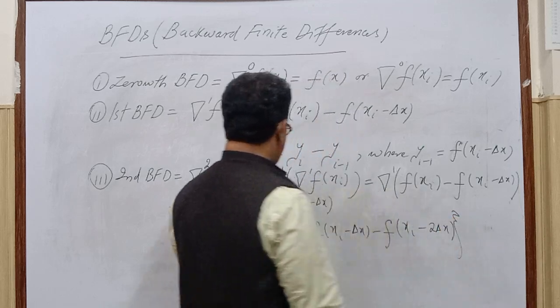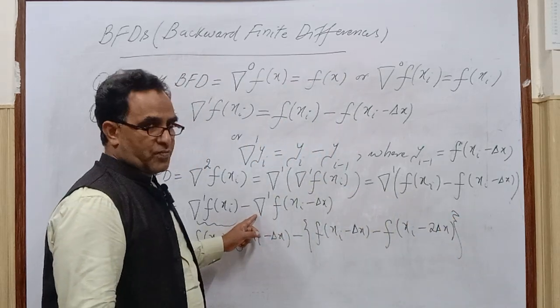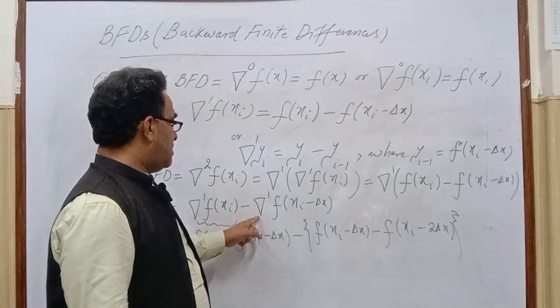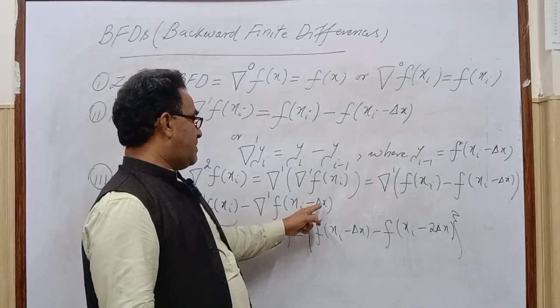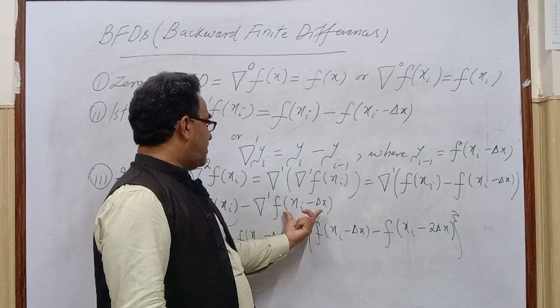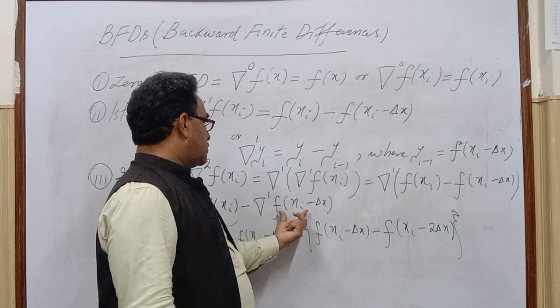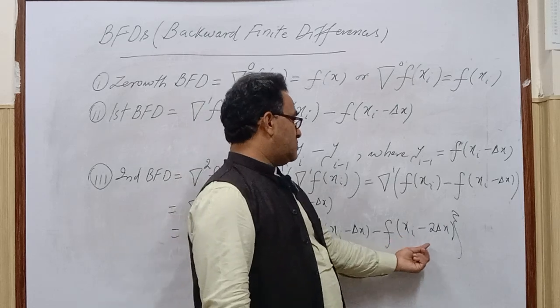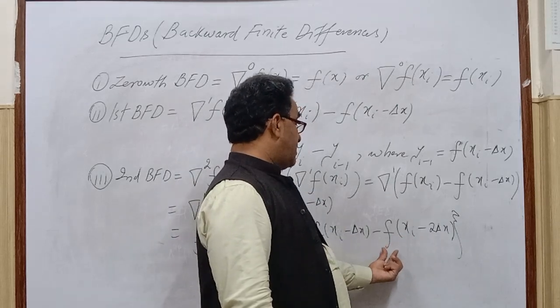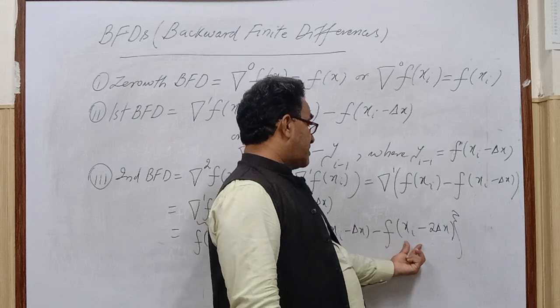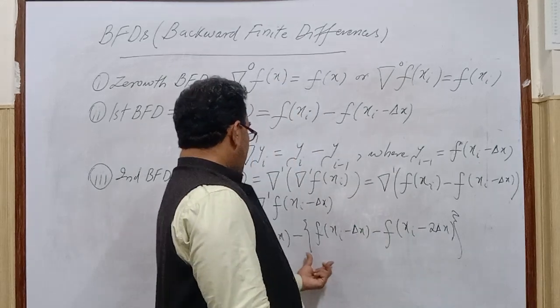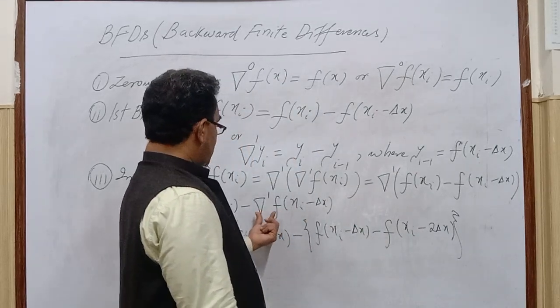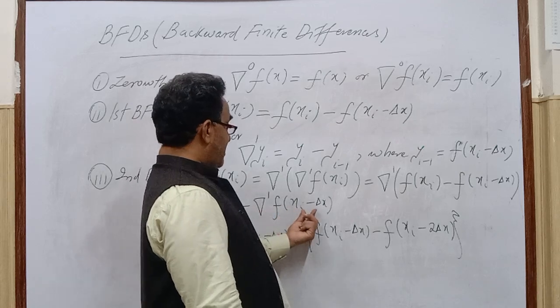According to the definition of the BFD operation, in del 1 f of xi minus delta x, this is the current value of the function, f of xi minus delta x, and we will decrease xi by one more delta x. The value of the function will become f of xi minus 2 delta x. So the difference will provide us the value for del 1 f of xi minus delta x.